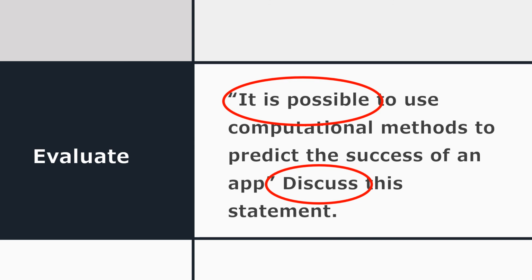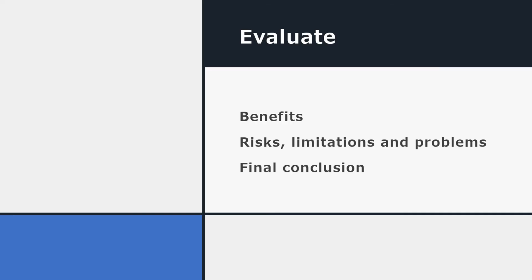And there's an actual question to be decided in this topic. Is it possible to use computational methods? So whenever we do the third and final part of the question, we have to look at the topic, look at the technical issues, and then briefly, and in an A-level it's only relatively briefly, review the benefits and the problems or risks associated with this technical topic, whatever it is.